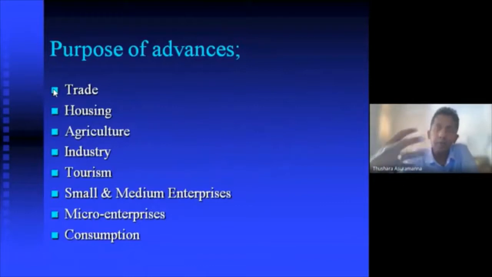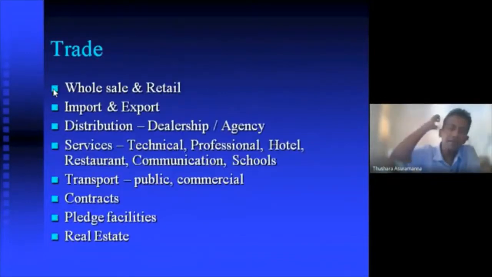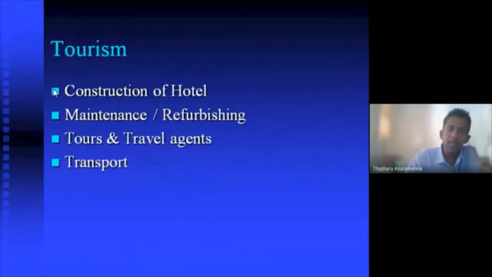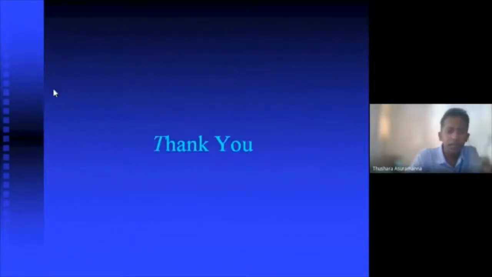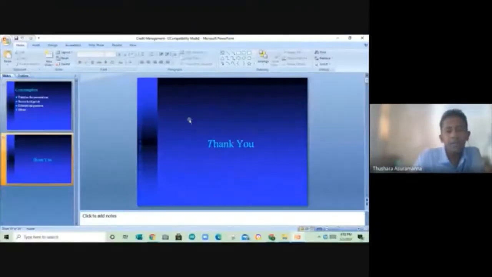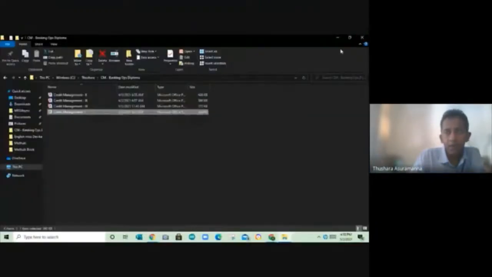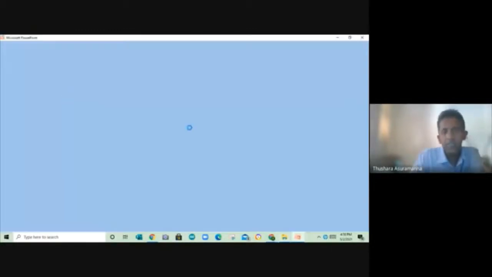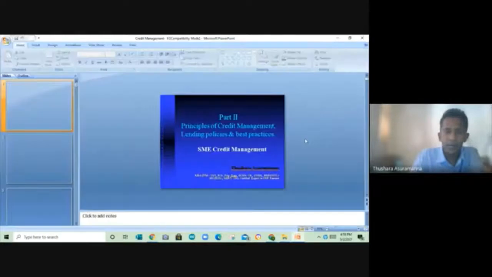Like purpose, why and where we are giving loans. Very important. Under each, we have given some subtopics also. With that, the first session was over. This is not a very difficult area, but it gives us a basic understanding about what credit is, what we do, what the areas, customers, and sectors are.